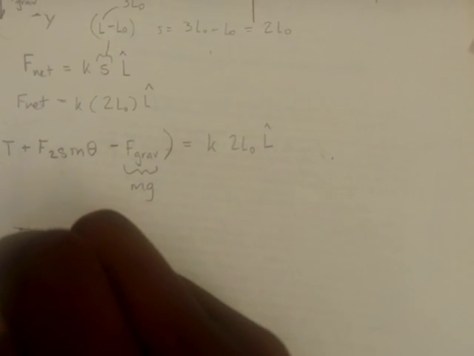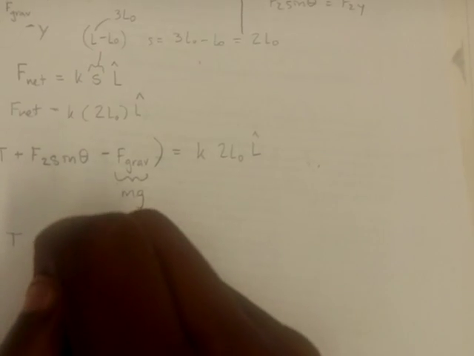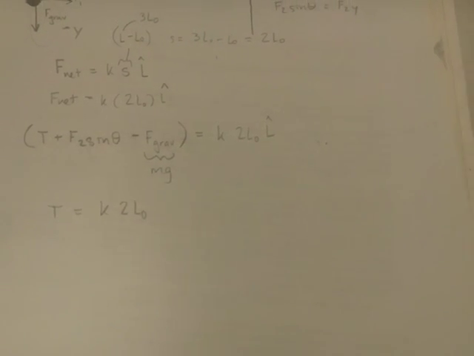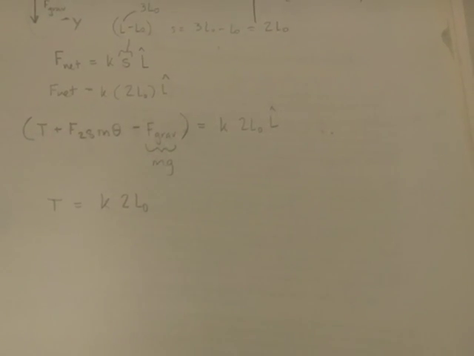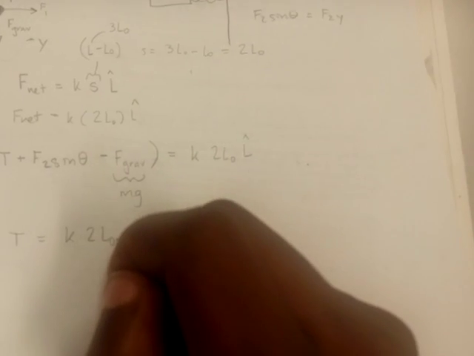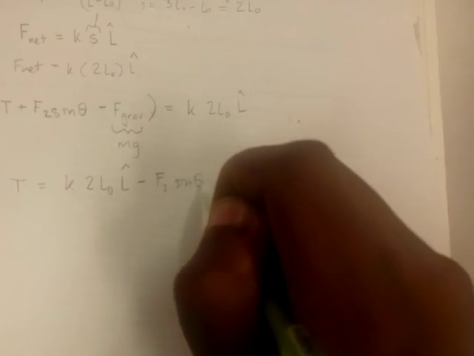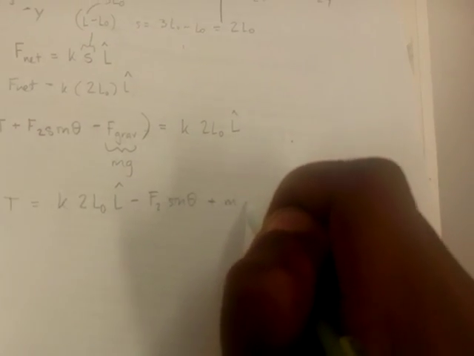So we say T is equal to k 2 L naught L hat minus F2 sine theta plus mg.